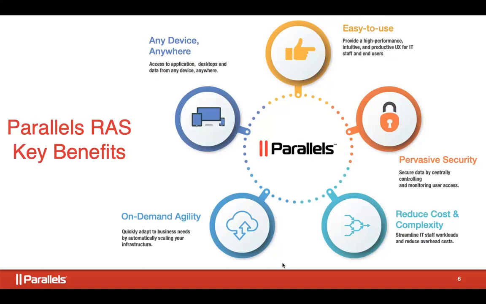With other solutions that would be very difficult to achieve, given that you have different options for different company sizes and organization structures. With Parallels RAS, the solution is so scalable and so easy to expand, adding more servers in different heterogeneous environments, so you can have different environments running in parallel and expand as you go.